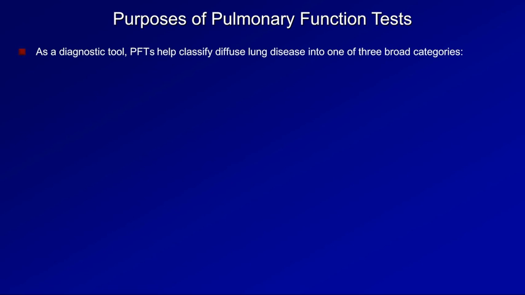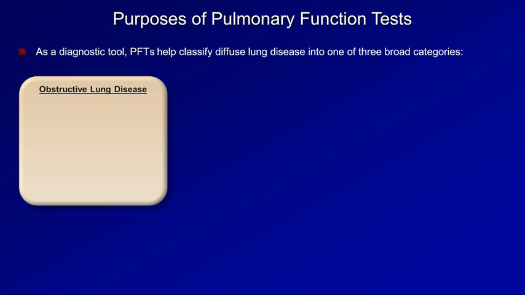Since diagnosis of symptomatic disease is why PFTs are usually ordered, that will be our subsequent focus. As a diagnostic tool, PFTs help classify diffuse lung disease into one of 3 broad categories. First is obstructive lung disease. This includes COPD, which means anything on the chronic bronchitis to emphysema spectrum, asthma, bronchiectasis, which is an irreversible dilation and destruction of the bronchial tree leading to chronic infections, and last, cystic fibrosis.